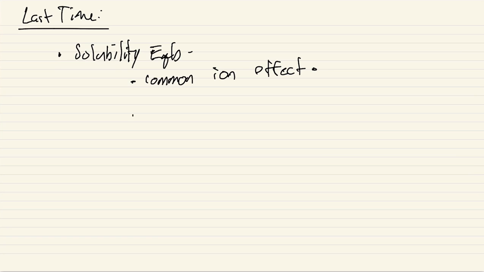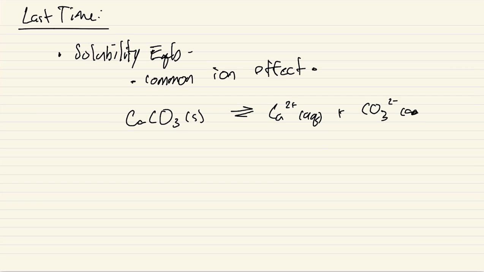So we had something, I don't know, calcium carbonate, which is our solid, and that dissociates into calcium 2 plus, aqueous, CO3 2 minus, aqueous, right? How would the common ion effect potentially affect the solubility of something like this?